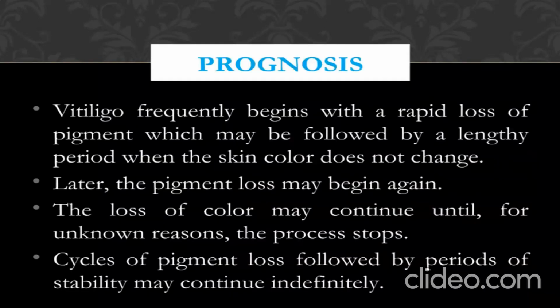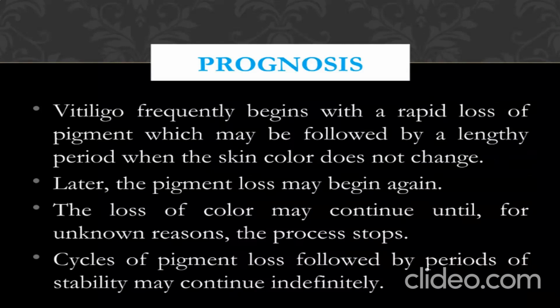Then prognosis of vitiligo. Vitiligo frequently begins with a rapid loss of pigment, which may be followed by a lengthy period when the skin color does not change. Later, the pigment loss may begin again, even after treatment.